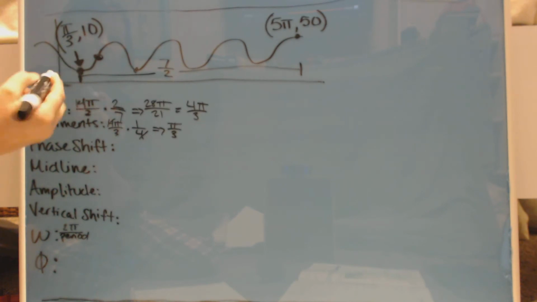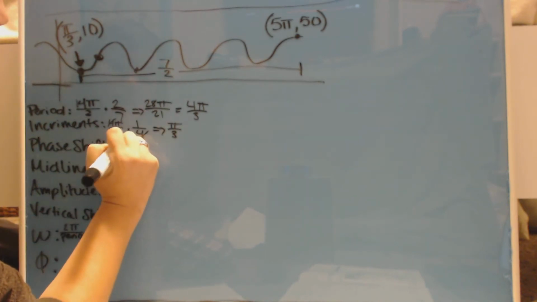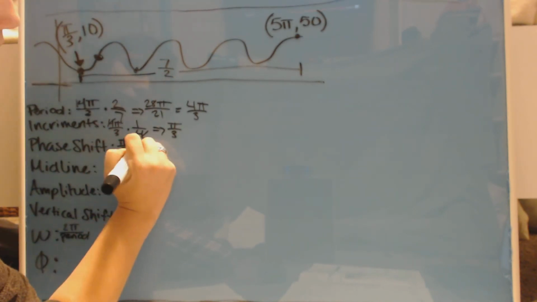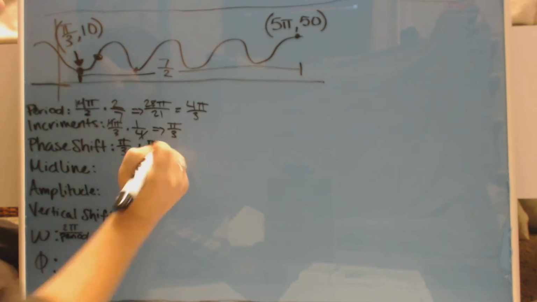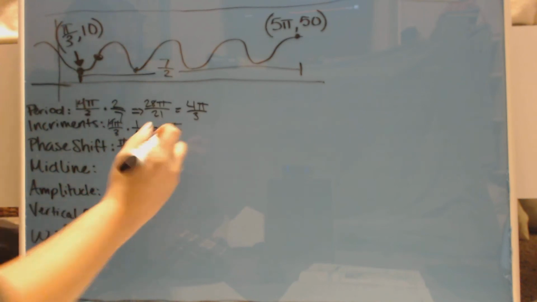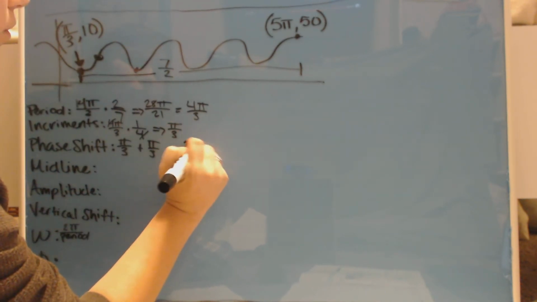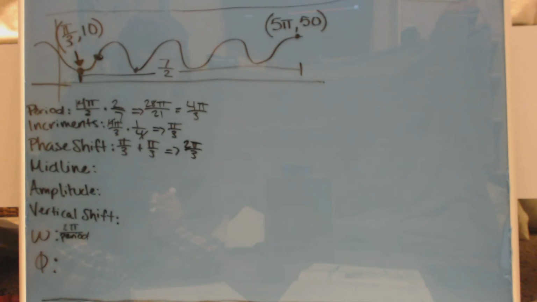Our graph was shifted over 2 pi over 3. It's basically pi over 3 plus pi over 3, this point right here and then adding that one. So 2 pi over 3 is our phase shift.